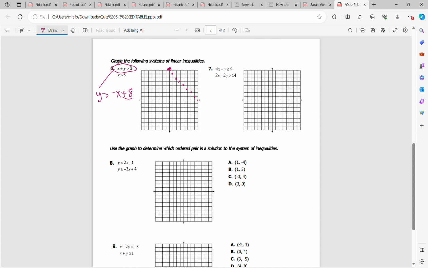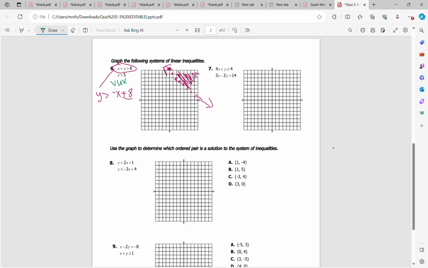Okay, and it's less than, so that is a dashed line, and it's greater than, so we shade above. The next one is x, so I think a vertical line, where x is 5.